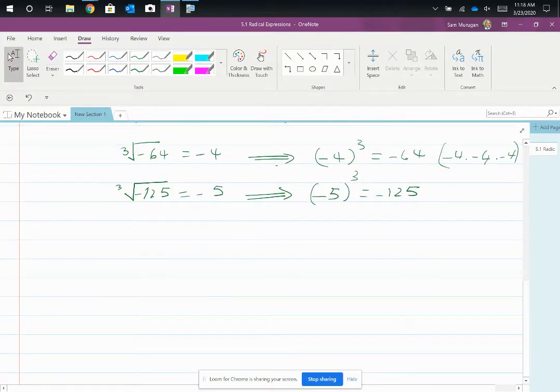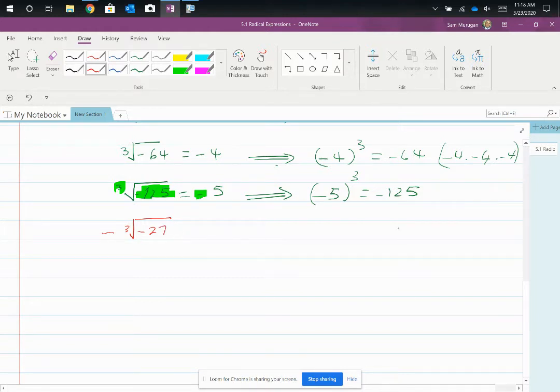So if the root is an odd number, then the number underneath the root sign can have a negative value. Let's look at a case here of negative third root of negative 27.